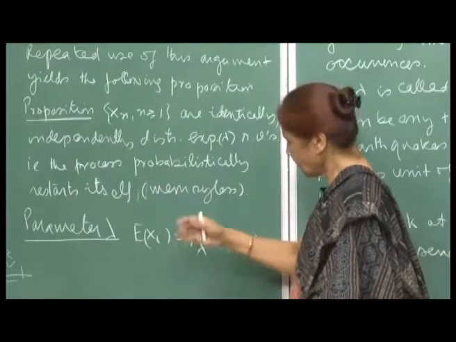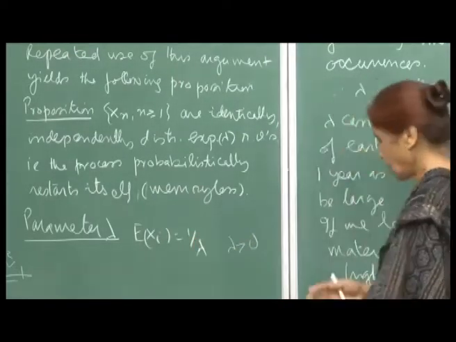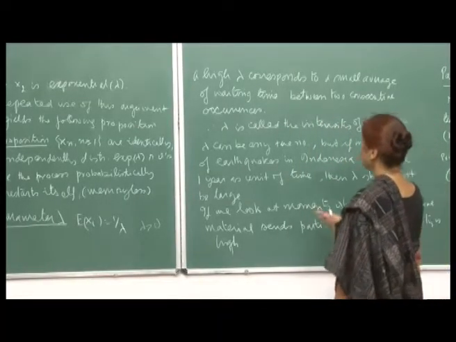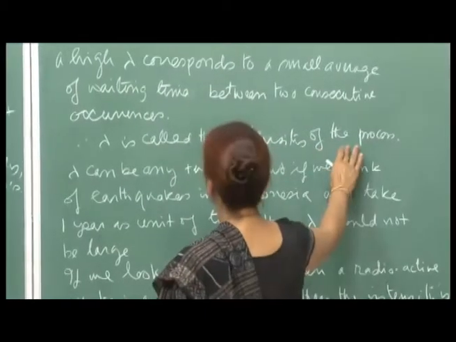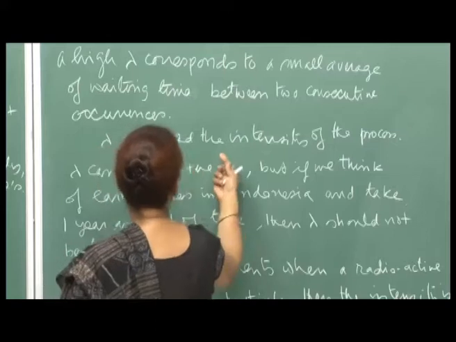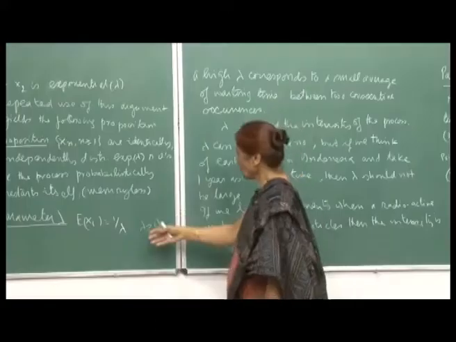Therefore, the arrivals are occurring at smaller intervals. In any case, lambda is called the intensity of the process. So, if lambda is small, then this will be big.